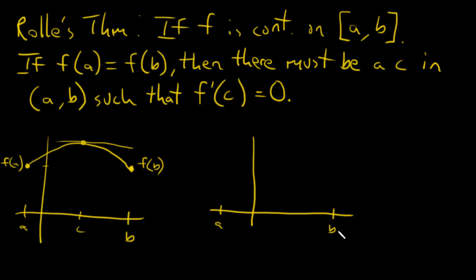If I start here and at exactly the same y value, so this is my f of A, this is my f of B, if they are the same, then there's some point between these two that has a horizontal slope. It has a min or a max, in other words, because it's continuous no matter how I travel between.